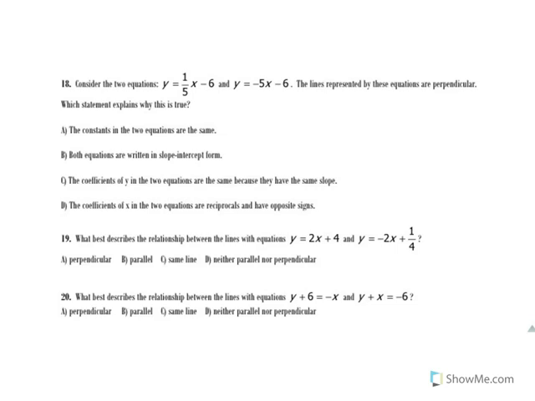Number 18 says, consider the two equations y equals 1/5 x minus 6 and y equals negative 5x minus 6. The lines represented by these equations are perpendicular. You know that they're perpendicular because the slope for the first is 1/5 and the slope for the second is negative 5/1.